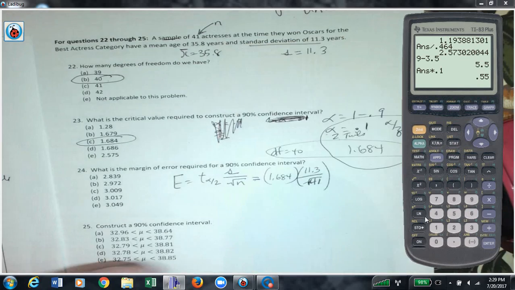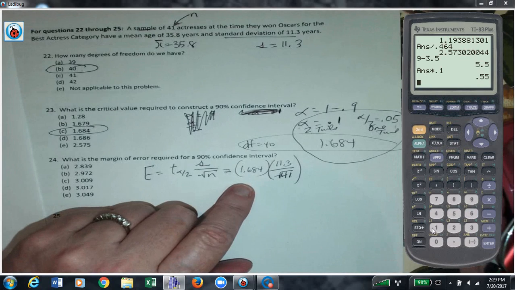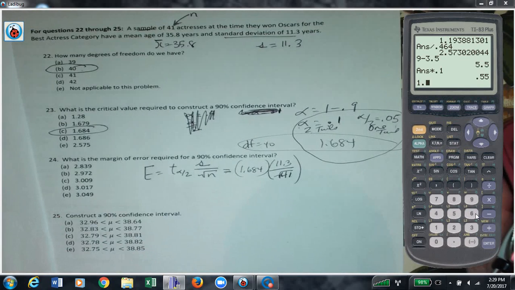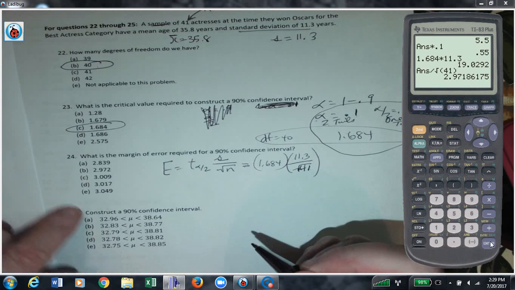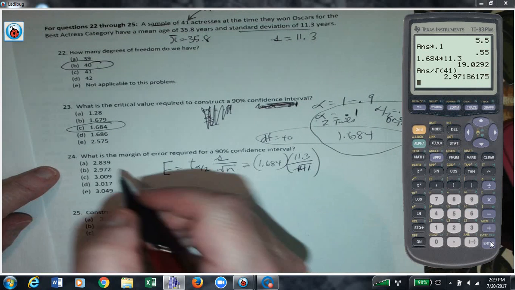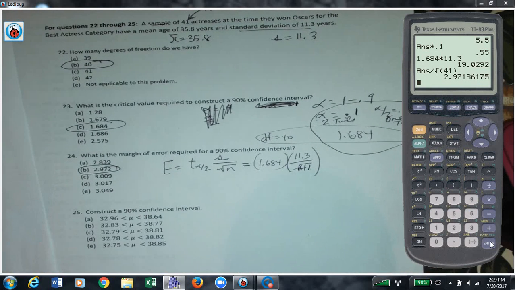N is 41. So I have 1.684 times 11.3 divided by the square root of 41, and my E is 2.972 if I round to 3 decimal places.